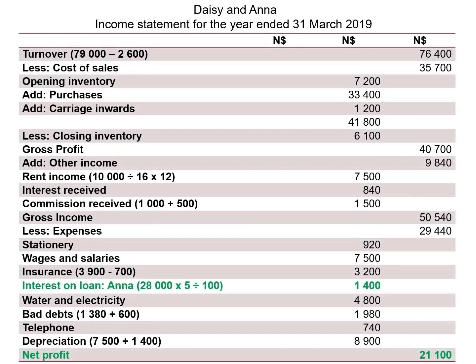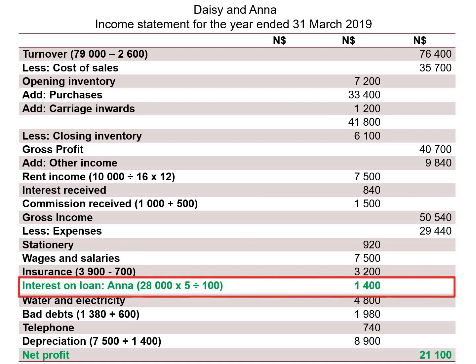Things to note is the interest on loan, which is recorded in the income statement and not in the appropriation section. And then we have a net profit of 21,100. We will not go into the income statement in detail because we already covered this in a previous video. We will now focus on our appropriation section.